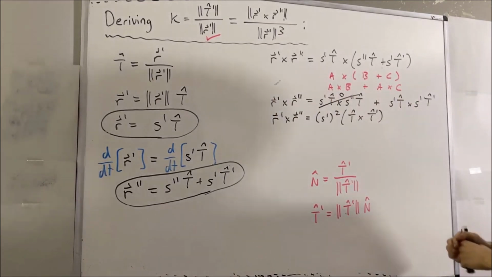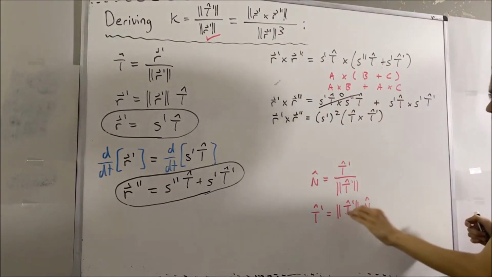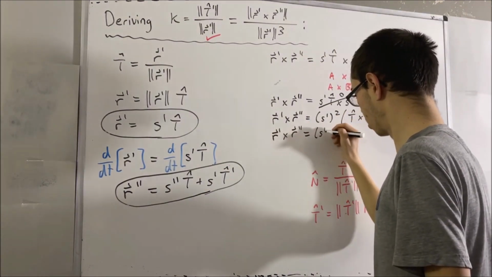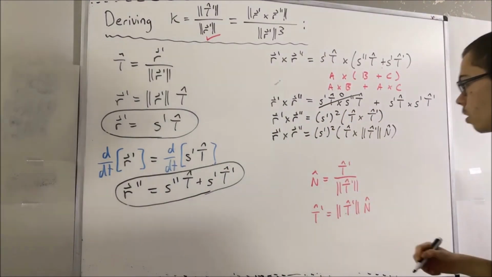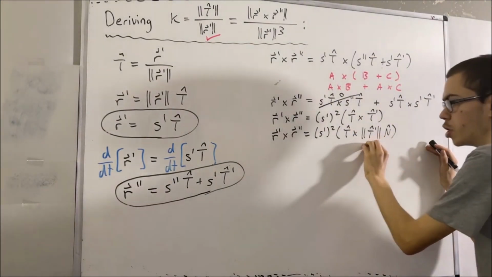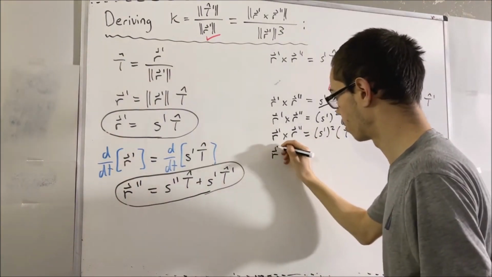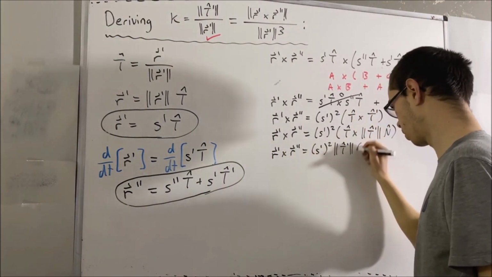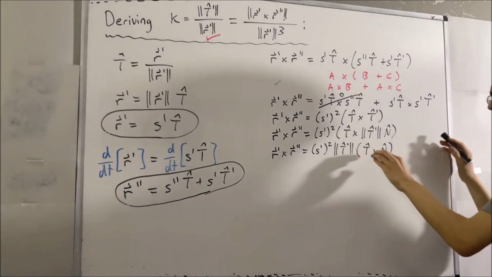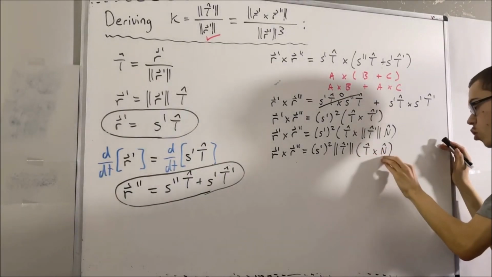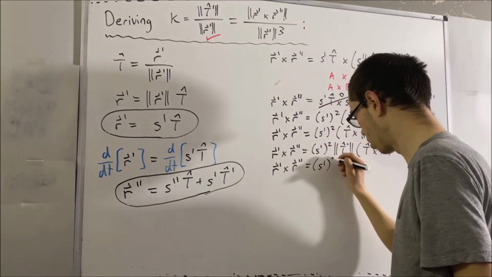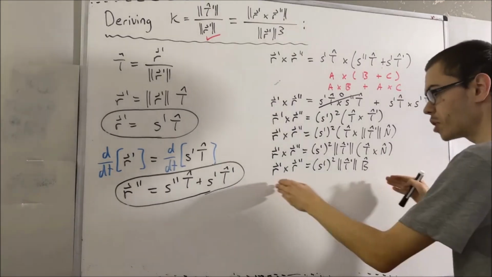And so really, we're going to replace this t prime with magnitude of t prime times the unit normal vector. And so again, we can pull this magnitude of t prime out to the front. And so if we do that, we get this. But if you recall, the unit tangent vector crossed with the unit normal vector is the unit binormal vector. And so this is what we have.